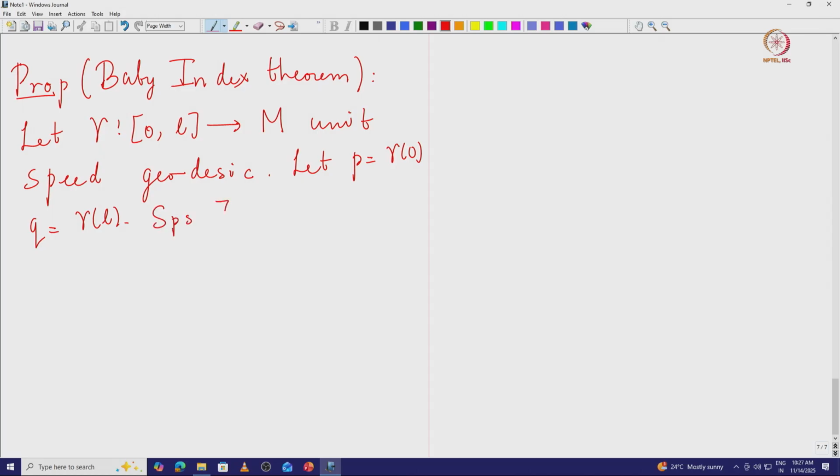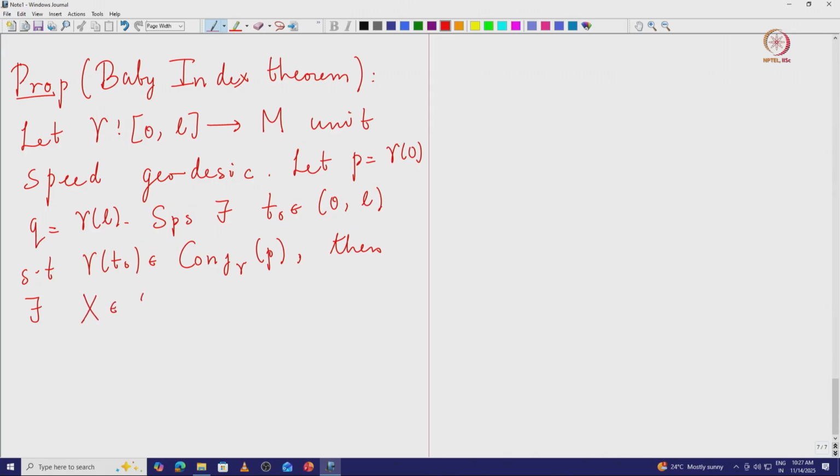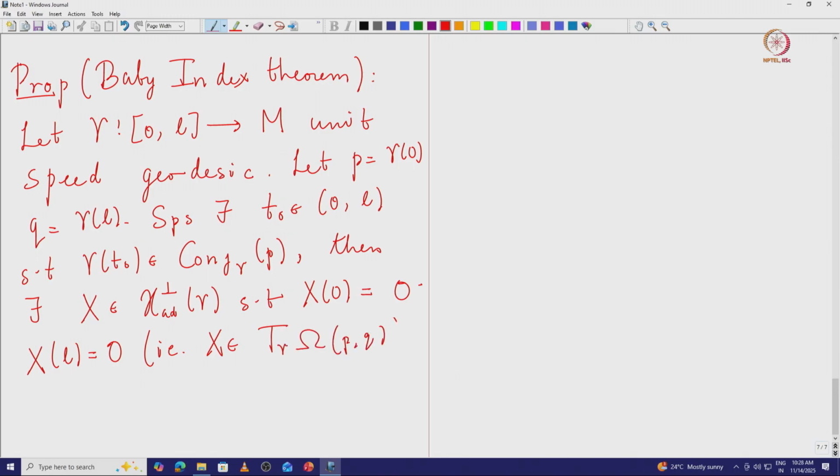So suppose there exists an interior point t naught such that gamma of t naught is a conjugate point, then there exists a normal admissible vector field X such that it vanishes at the two endpoints, or in other words, X is in the tangent space to the path space at gamma, and crucially the index is negative.